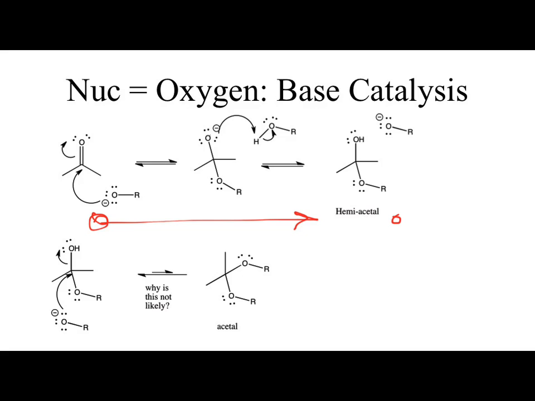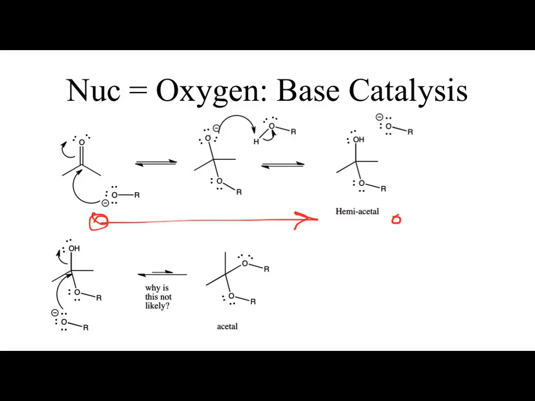Those are all equilibrium steps, which means when we put this reaction mixture together, we're going to get a mixture of both our carbonyl and the hemiacetal product. If we want just the hemiacetal, first off, it's not going to happen, because our hemiacetal is actually more unstable than our carbonyl.